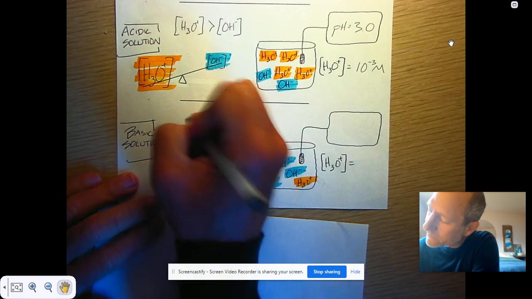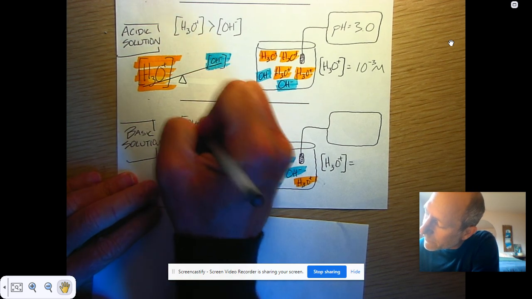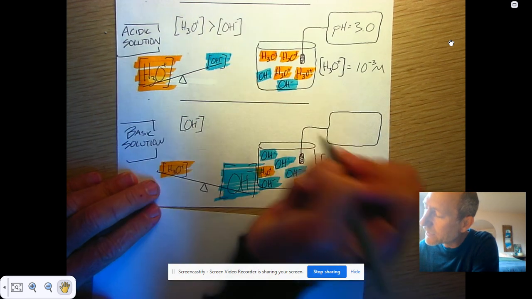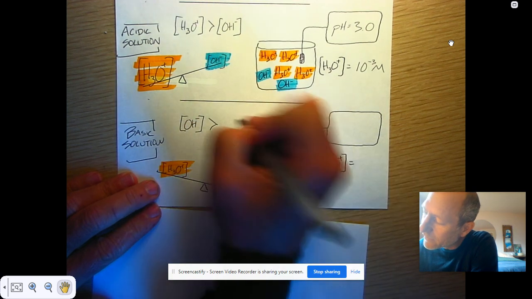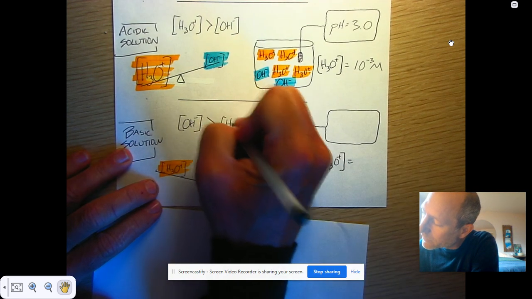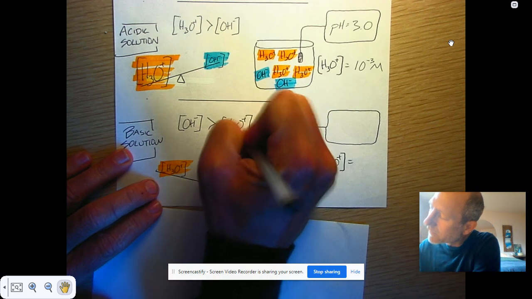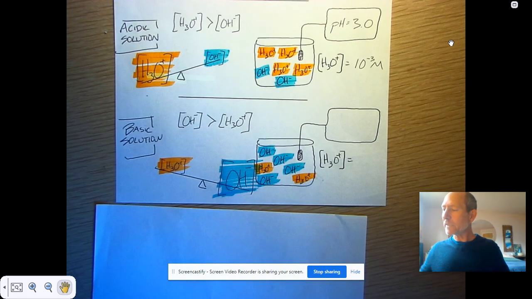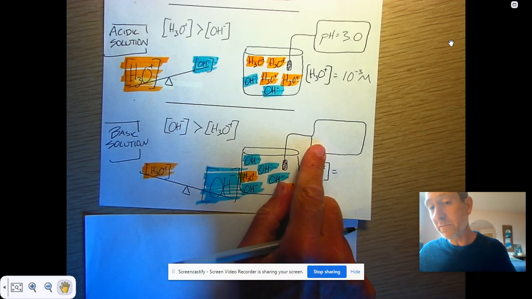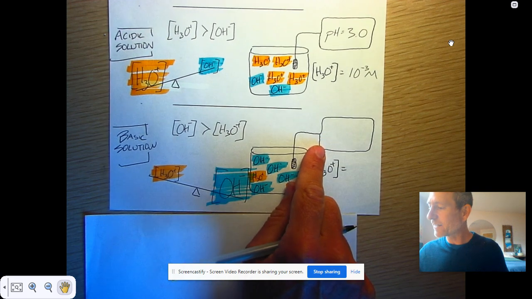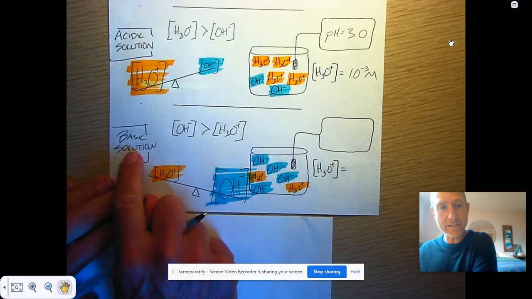In a basic solution, the amount of hydroxide is greater than the amount of hydronium. And the pH needs to be greater than 7 if it's going to be a basic solution.